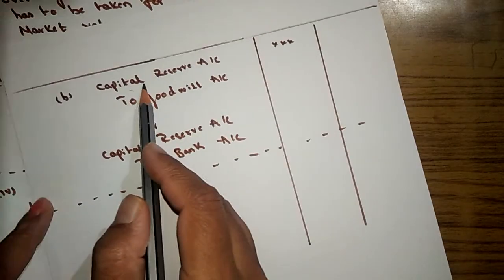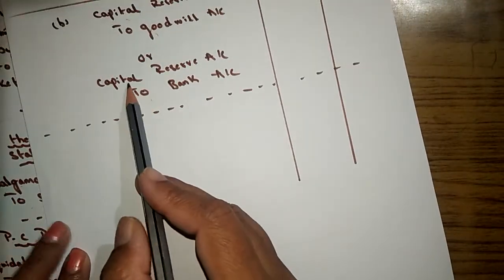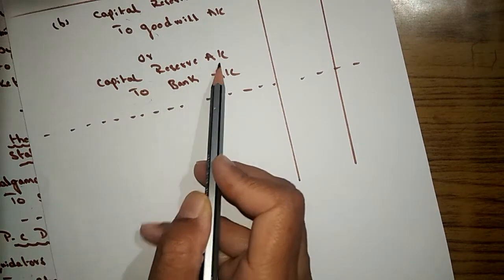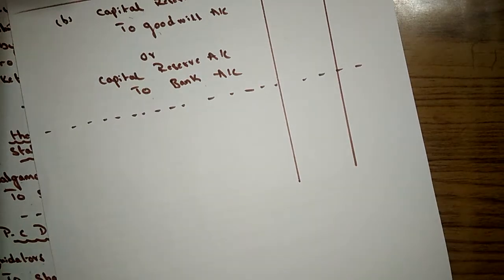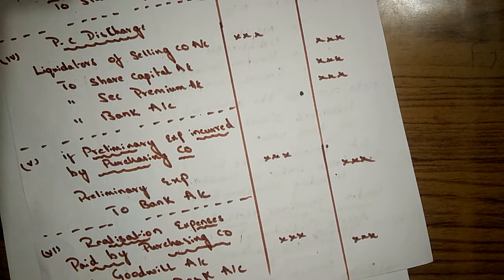Then you need to reverse this entry, capital reserve account to goodwill account. Or instead of two entries, you can pass only one entry, capital reserve account to bank account. Ultimately, whatever realization expenses are paid by the purchasing company have to be adjusted in the capital reserve account.